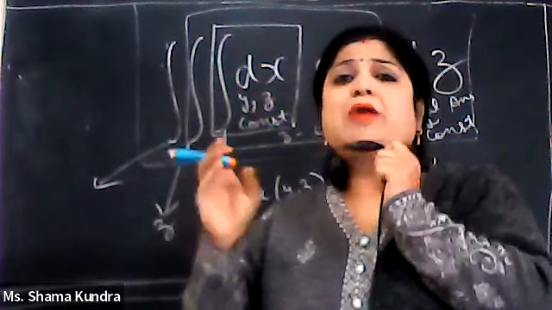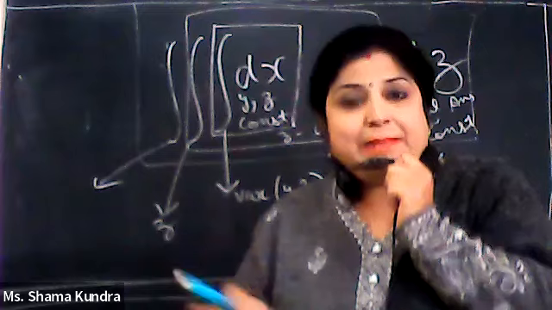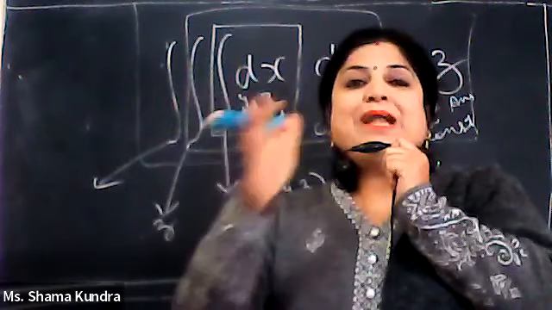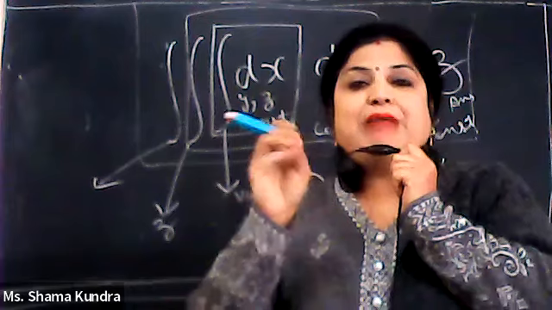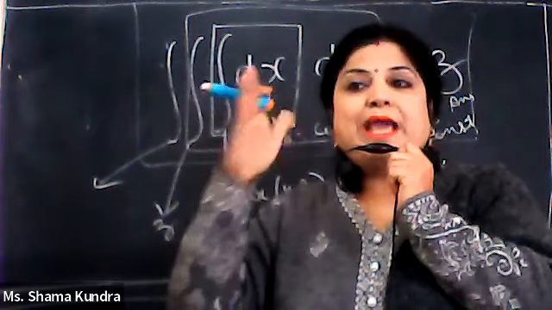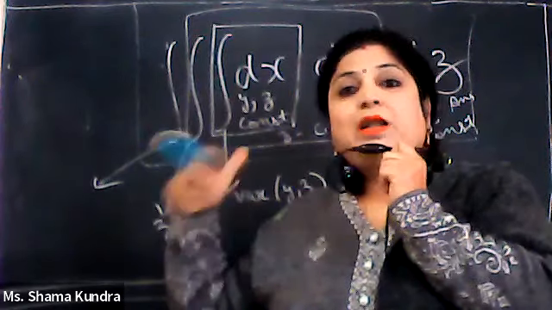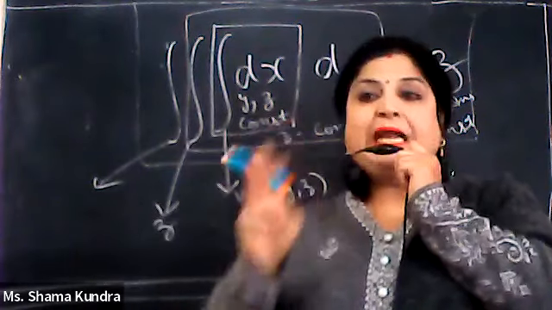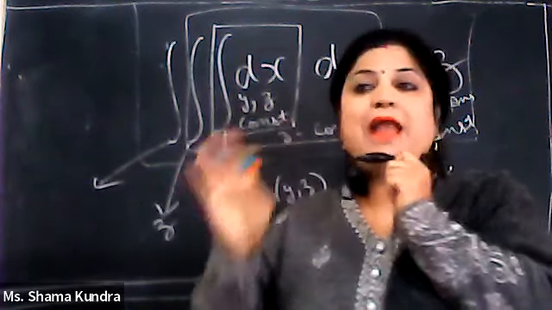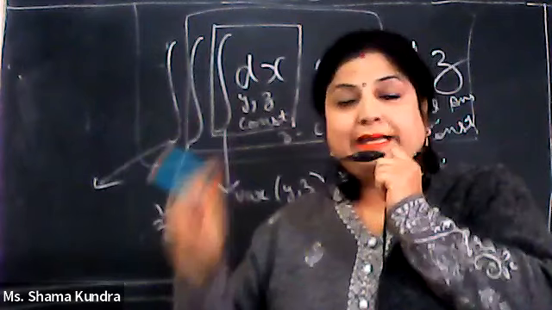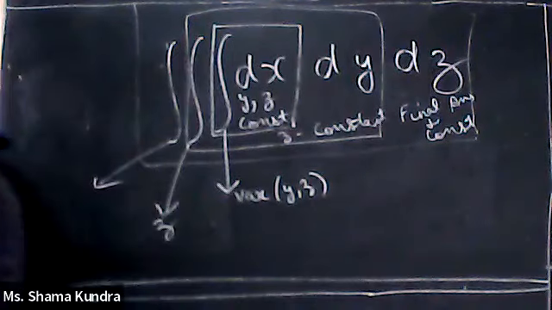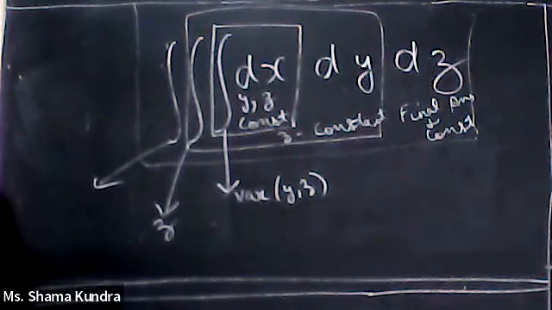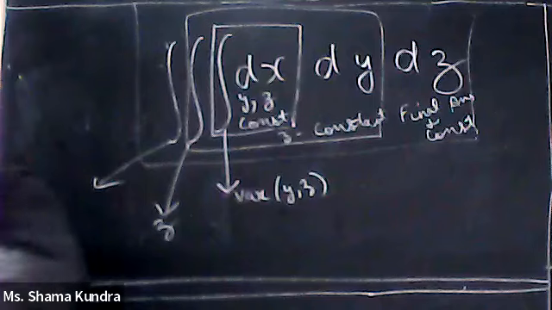If limits are constant, they are independent, so we can separately do the integral three times rather than doing it combined, and on integrating we can multiply the results, and the result always comes out to be constant.